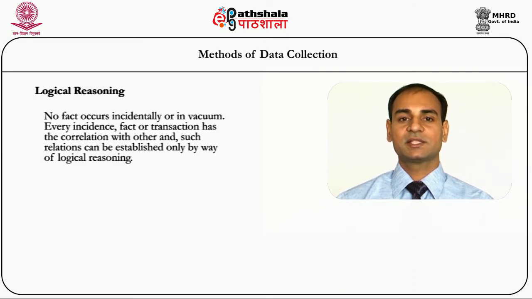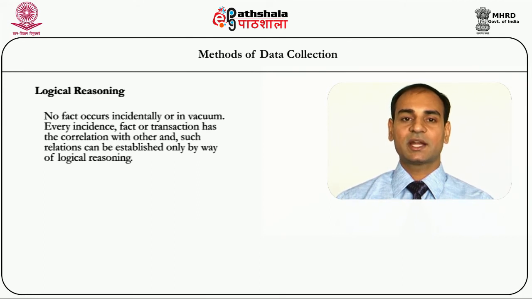Every fact has a concern with other facts. Any problem studied by the researcher for his research purpose, he should collect the data and information after analyzing the logical relationship of that information with the existing problem, theory or phenomena.